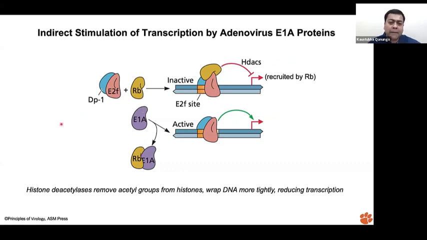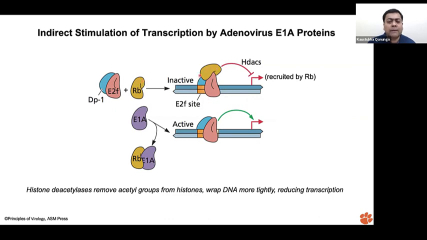So what happens is that E2F is a transcription factor, and along with that DP1, called a dimerization partner, are bound onto the viral DNA. Remember that what we are looking at is not the cellular DNA, although RB binds to the viral DNA, but it works the same way with the cellular transcriptional inhibitor.